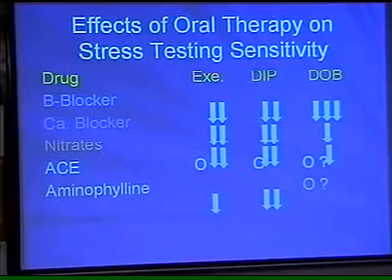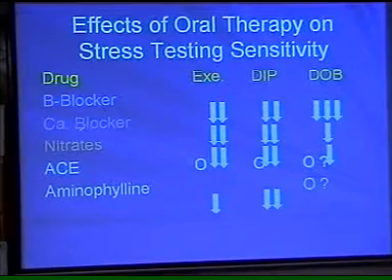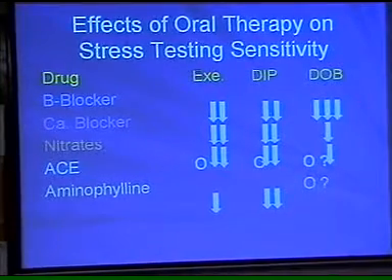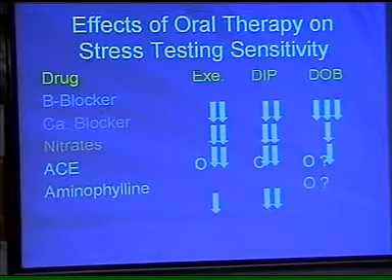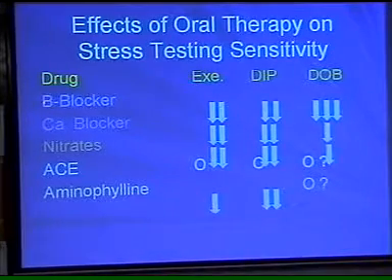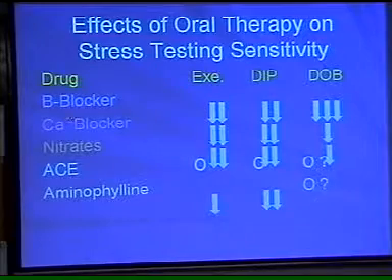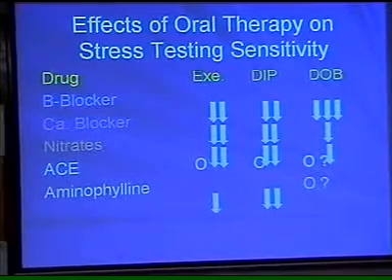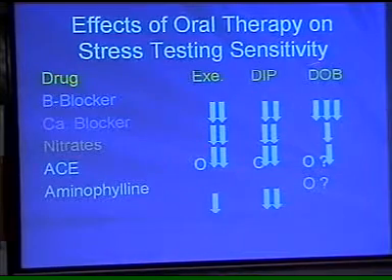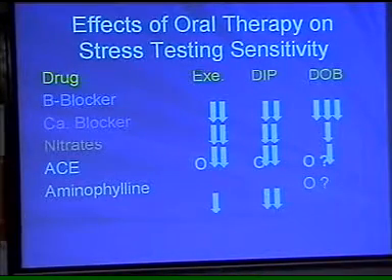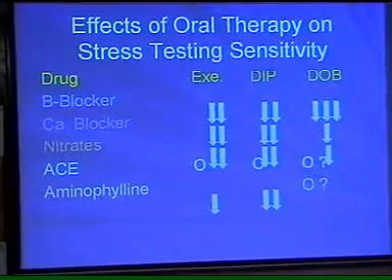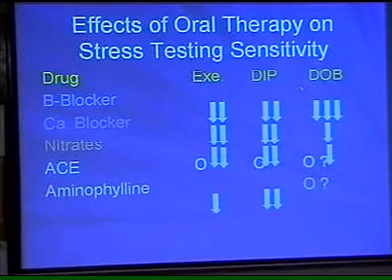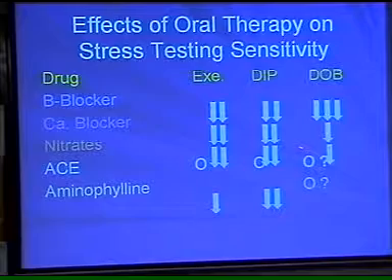Effect of oral therapy on stress testing sensitivity: beta blockers, calcium channel blockers, nitrates, they do affect. Mainly this is the thing which we avoid because they affect the dobutamine in this situation. This is the dipyridamole, this is dobutamine. So beta blockers are the main ones affecting because they are an antagonist of dobutamine.